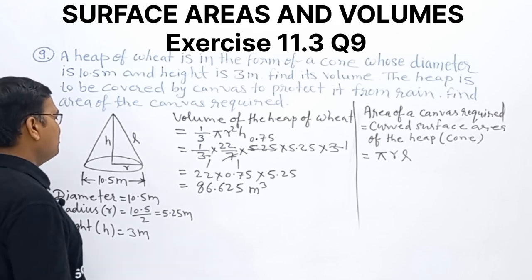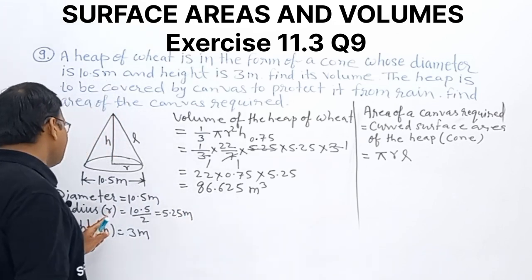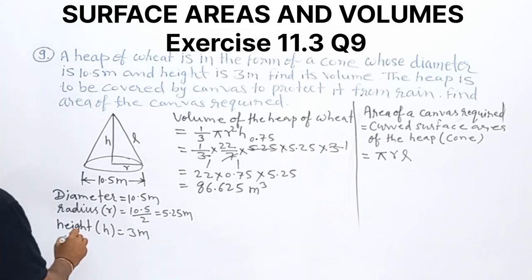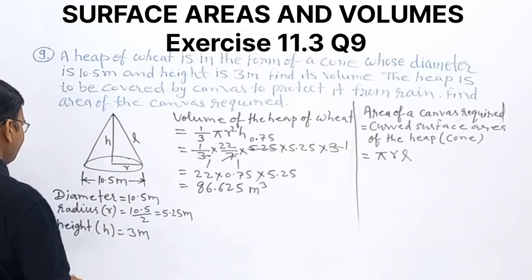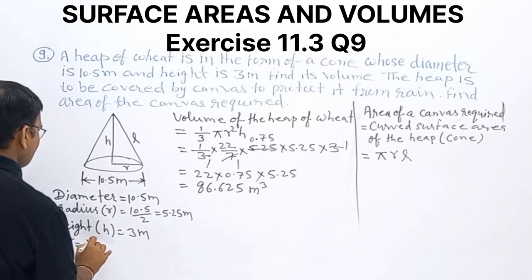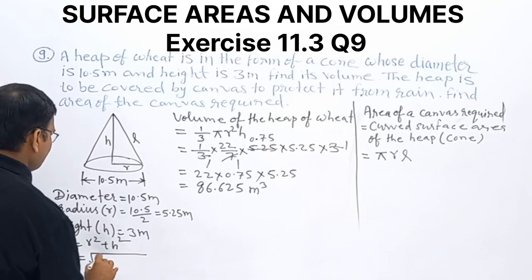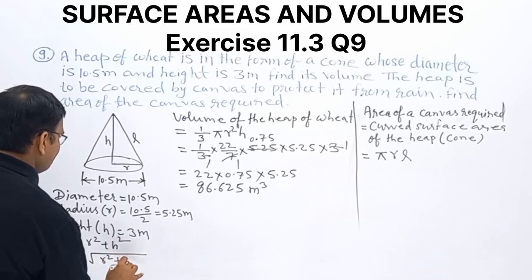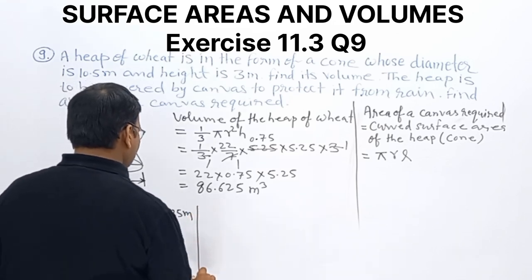So by using the Pythagoras theorem, from r and h, this is a right triangle, so when we apply Pythagoras, l square can be written as r square plus h square. So l will be the square root of r square plus h square.